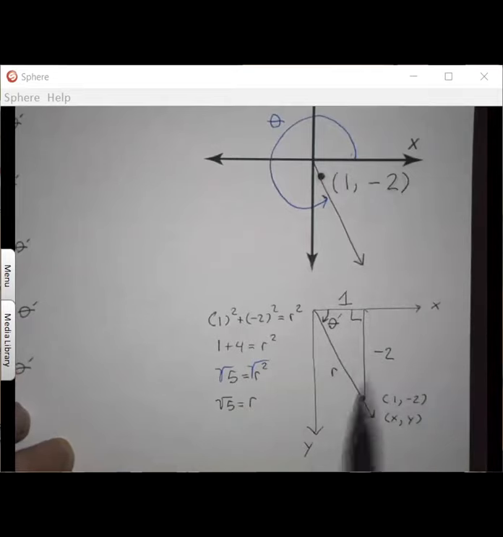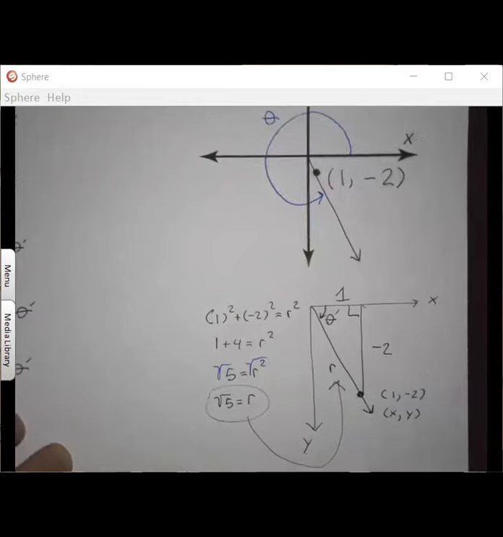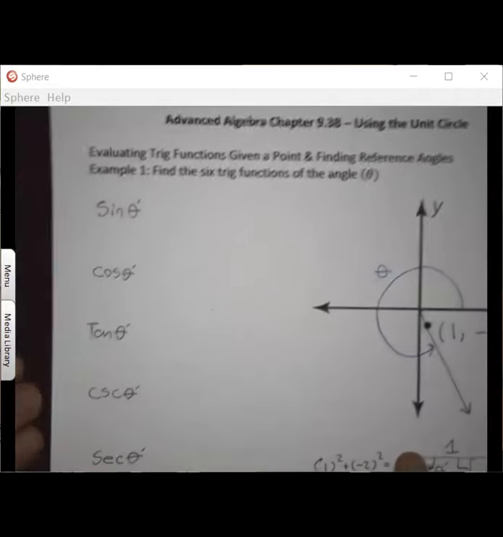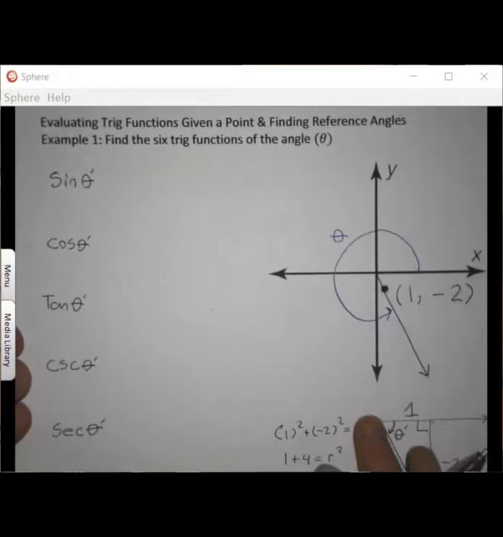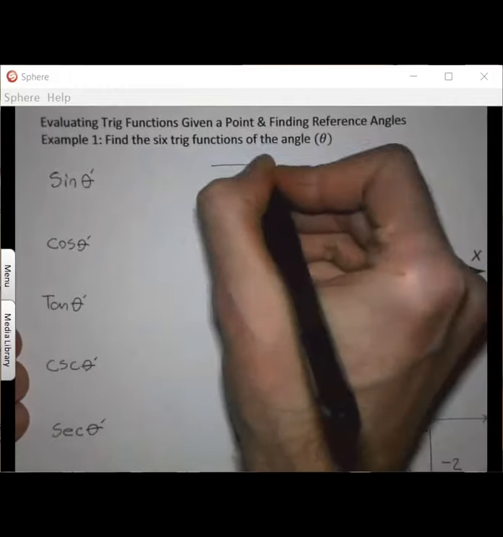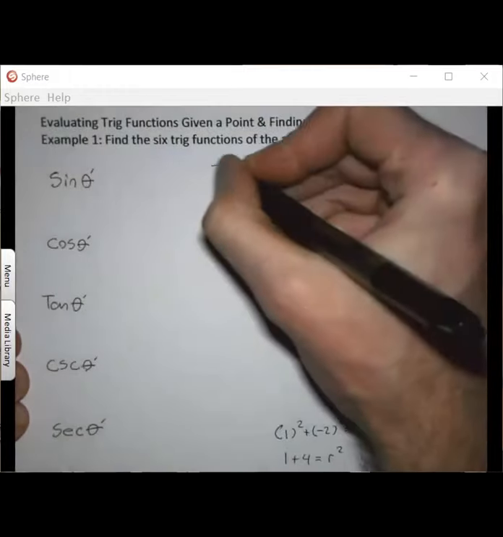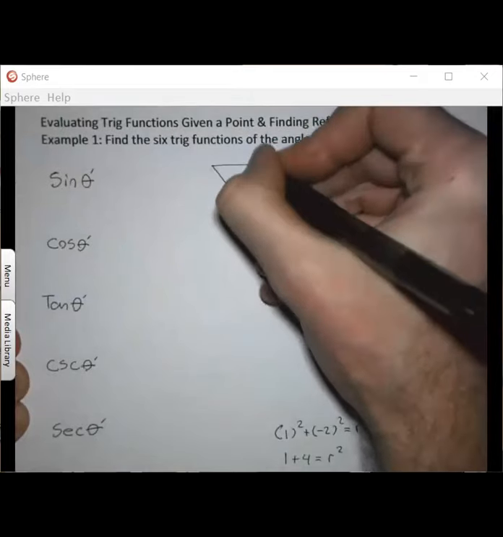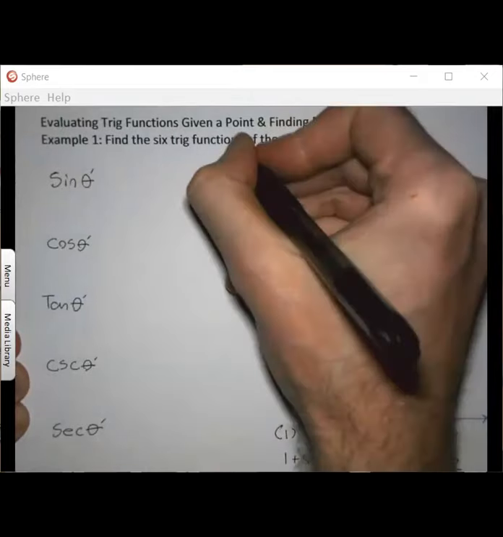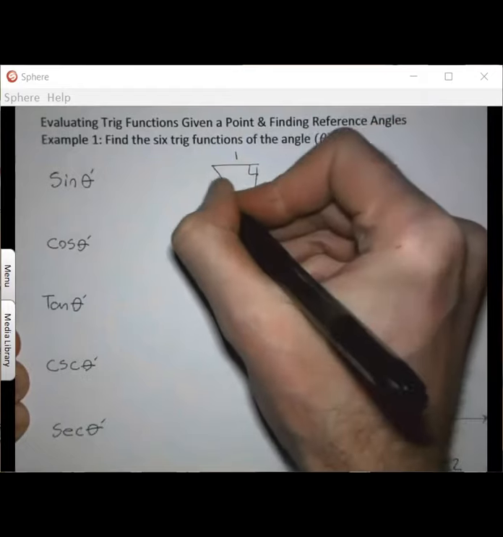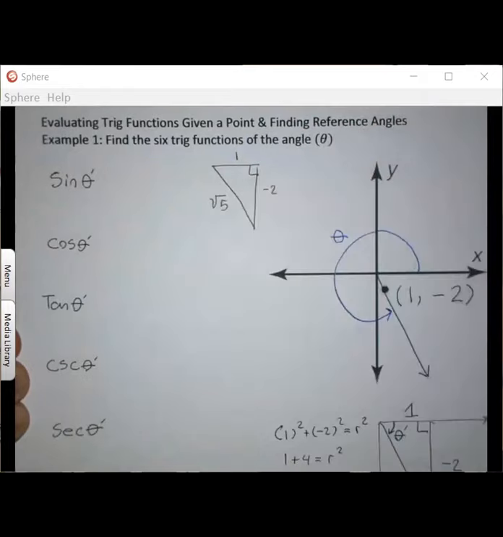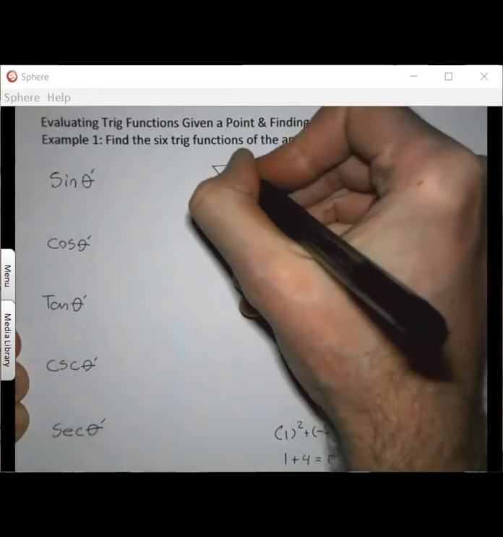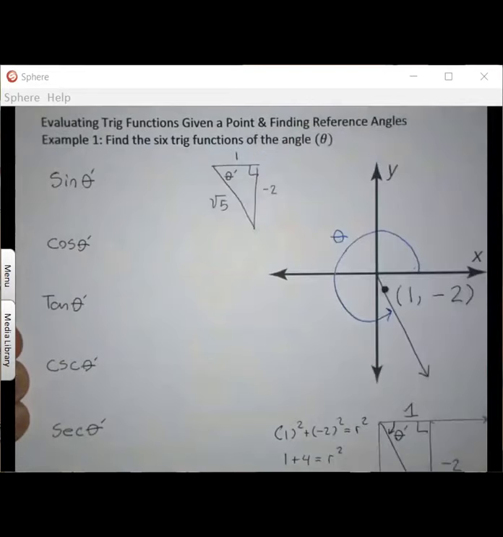So for reference, I'm going to redraw my triangle with its values, and then we'll find our 6 trig functions. So my right triangle is 1, minus 2 and root 5. That's the angle I'm going to be using.